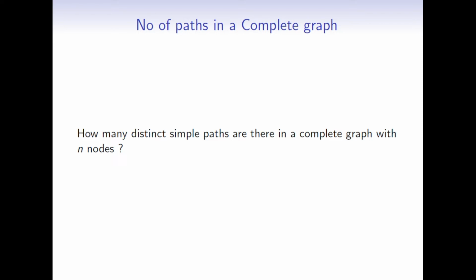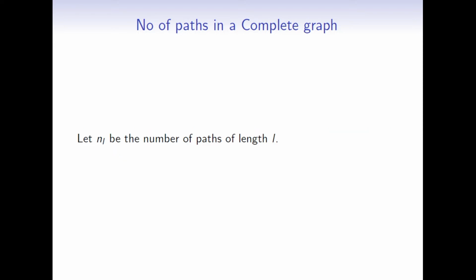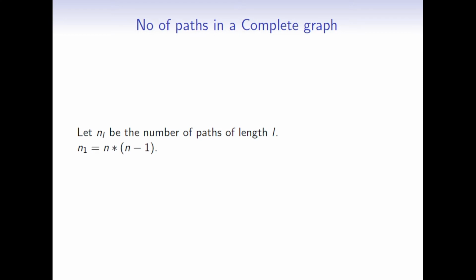So let's define N of L, the number of paths of length L. Remember, the length of the path is the number of edges in the path. Let's try to understand what N of 1 will be. N of 1, by definition, is the number of paths of length 1. If I want a path of length 1, I can pick any one edge in the directed graph.